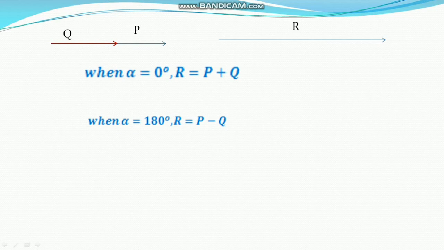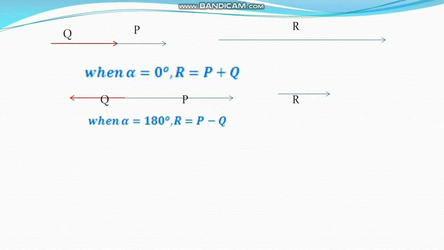In this case, the resultant will be P minus Q. If P is greater than Q, then it will be P minus Q. Let P be the bigger one and Q that side. If you subtract Q from P, the resultant will be R. You can also put this into the equation, R is equal to square root of P square plus Q square plus 2PQ cos alpha.